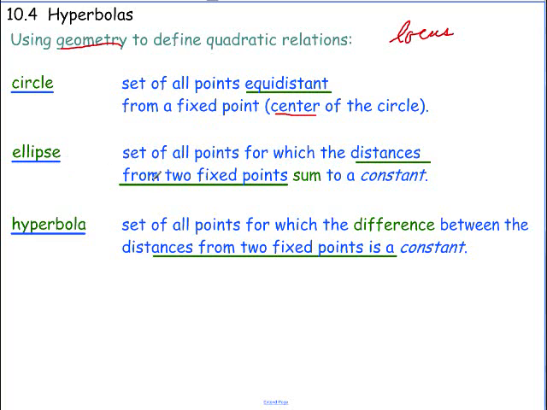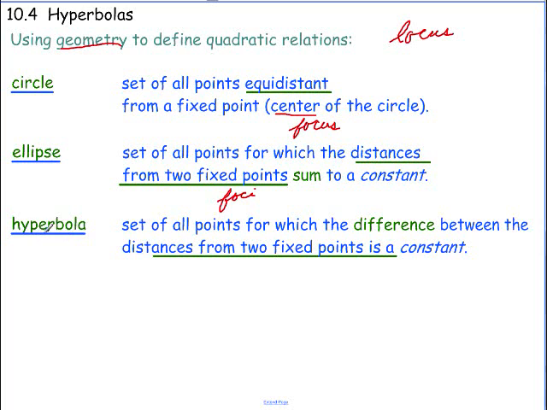Now, an ellipse, its locus is the set of all points for which the distances from two fixed points sum to a constant. And what were those two fixed points? The foci. And if you think about it, the center of a circle, it's really a focus, isn't it?